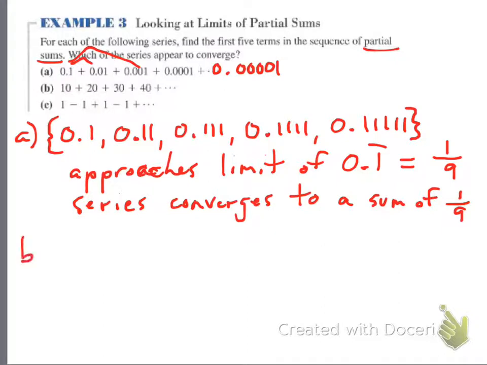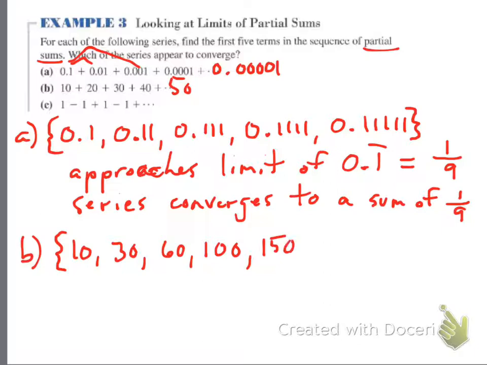Part B. Now, my first 5 partial sums. 10 is the first term, so that's the first partial sum. Add the first two terms. There's your second. Add the first three terms. There's your third. Add the first four terms. Now, as you can see, the fifth term here is 50. So add the first five terms. Now, what's the limit? Okay.